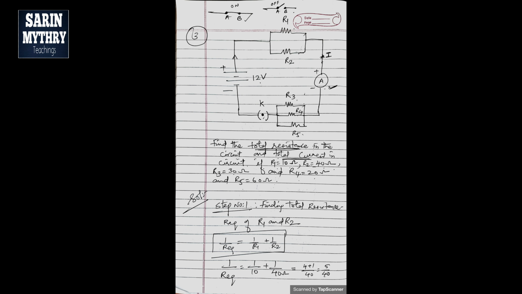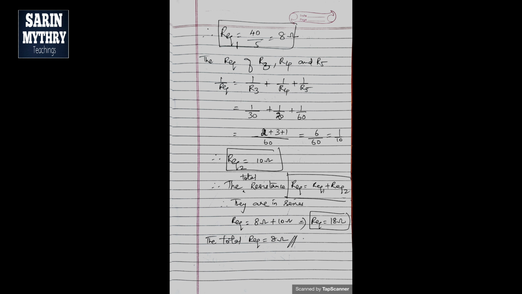If you do the simplification, you will get 4 plus 1 by 40, that is equal to 5 by 40. We have got 1 by R equivalent equal to 5 by 40. Therefore, R equivalent equal to 40 by 5, that is 8 ohms. Therefore, the first combination R equivalent equal to 8 ohms.